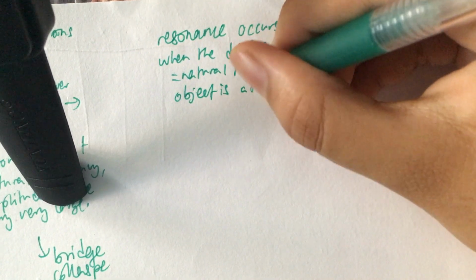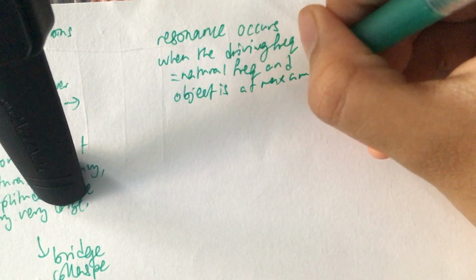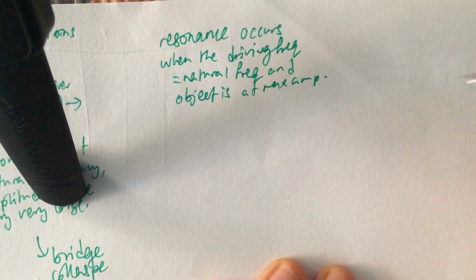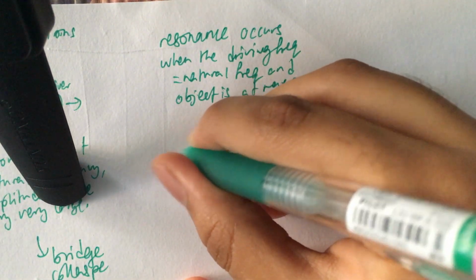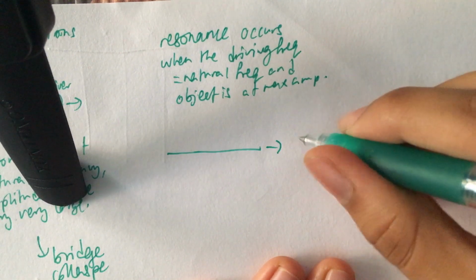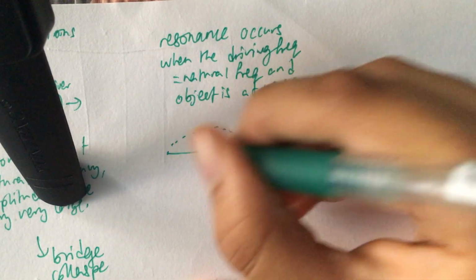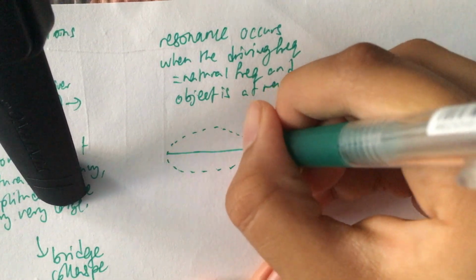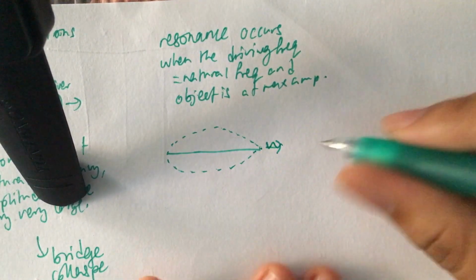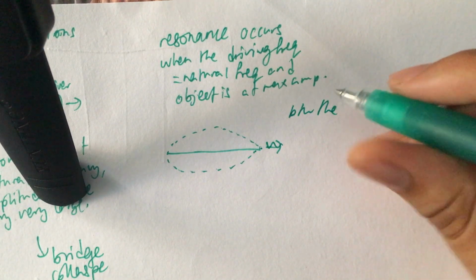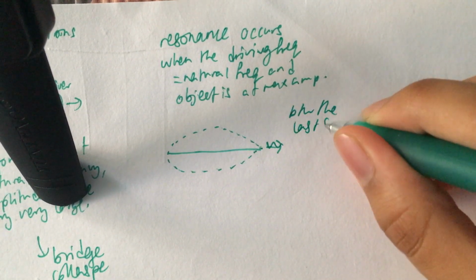In this scenario you have the entire system oscillating at a whole number of wavelengths, in a sense. Sorry, not wavelength, a whole number of bumps. I don't know what to call that, the crests, I suppose.